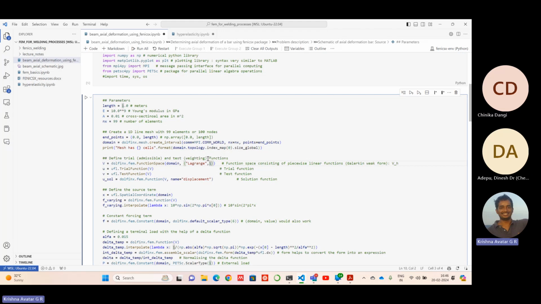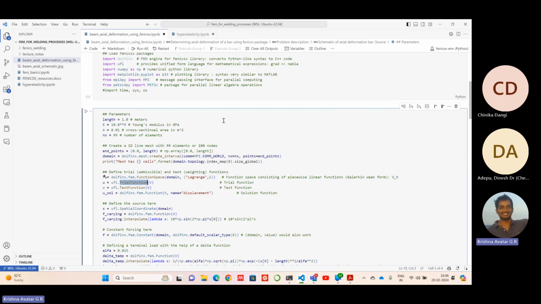Once we have defined the function space, or the vector space, we just define the test function and the trial function. U is our trial function. Since we are using mathematical language to denote mathematical quantities, we use the UFL package, which translates mathematical terminology into a programming framework.